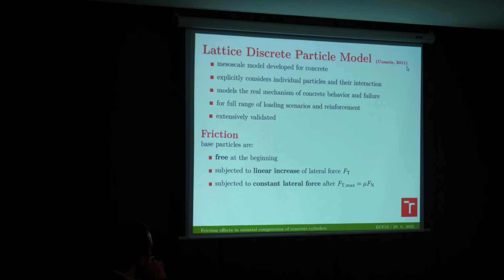Subsequently, as the compressive force increases, there is a lateral force acting on the particles which increases linearly at the beginning and subsequently changes into a constant lateral force. Now this linear increase is quite important because in reality the surface of a concrete specimen is never smooth, so in the first phase there is always an increase in the force, let's say.